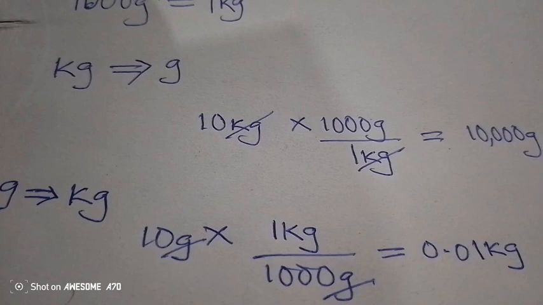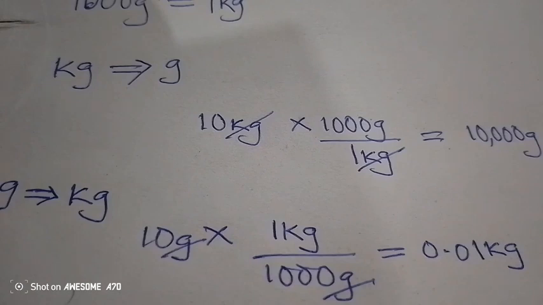You should also arrange the conversion expression such that the unit you are converting from is cancelled out and the unit you are converting to is sustained. So the unit you are converting to must always be at the top, while the unit you are converting from must be at the bottom to cancel out the unit on the value you are converting from. It's very, very important.